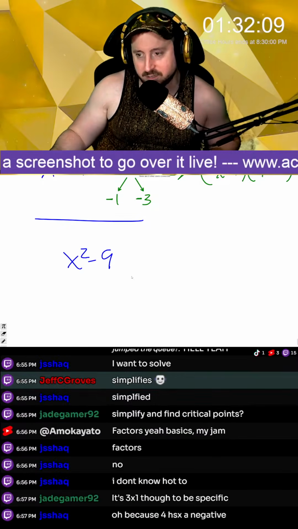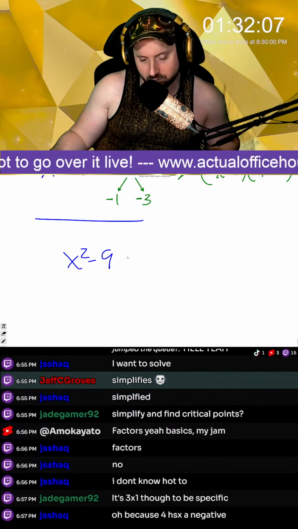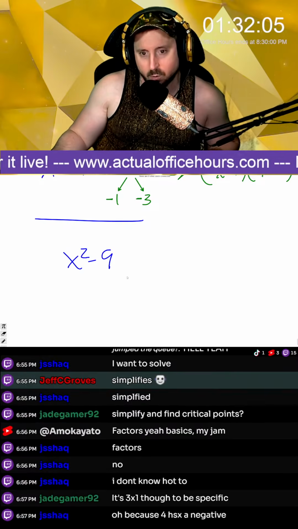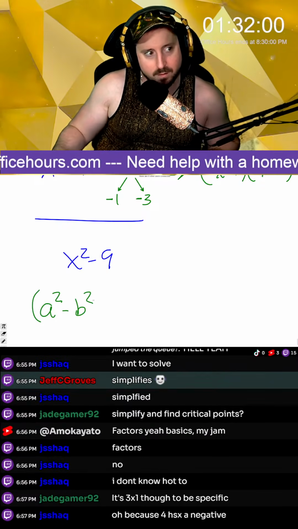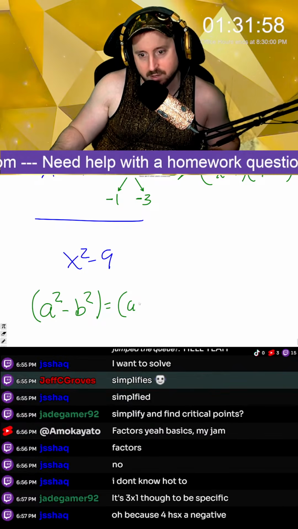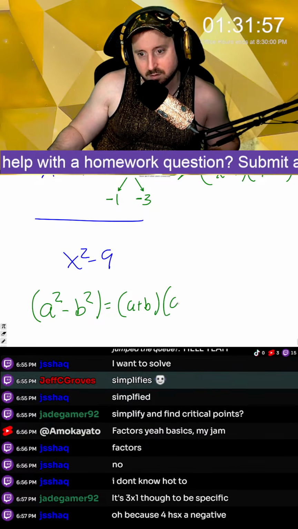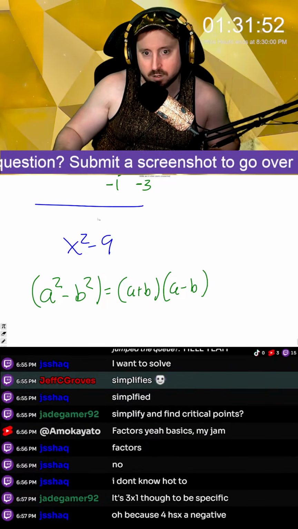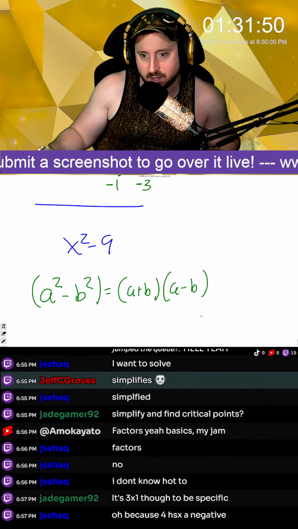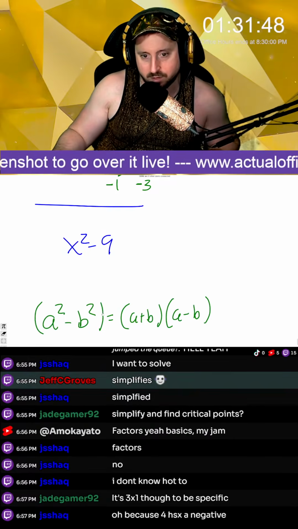The bottom is called a difference of squares. Anytime you have a squared minus b squared, this can also be written as a plus b, a minus b. So you always want to see what this looks like squared. Well, it's just x squared.